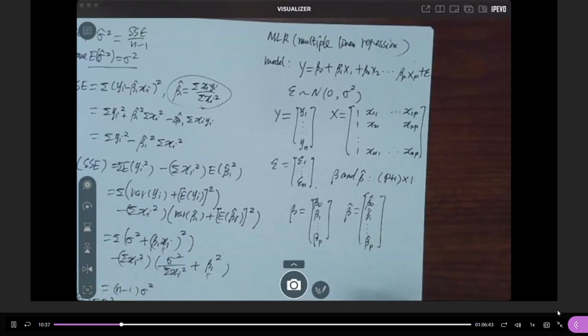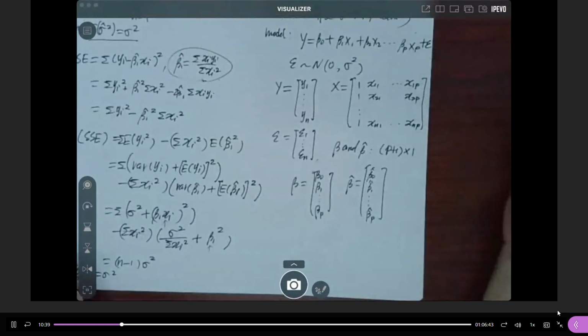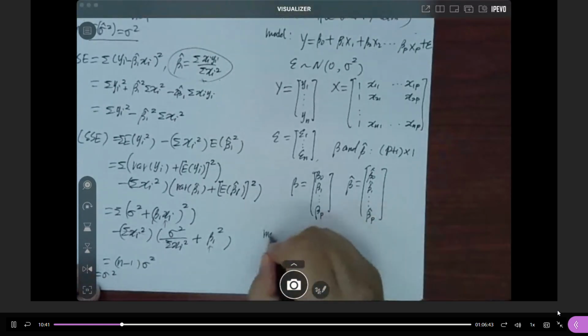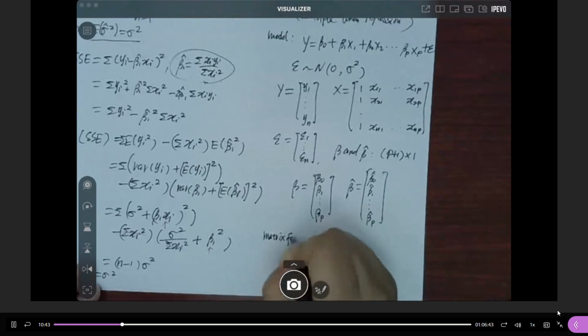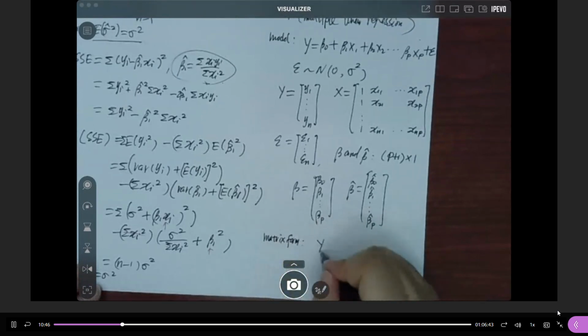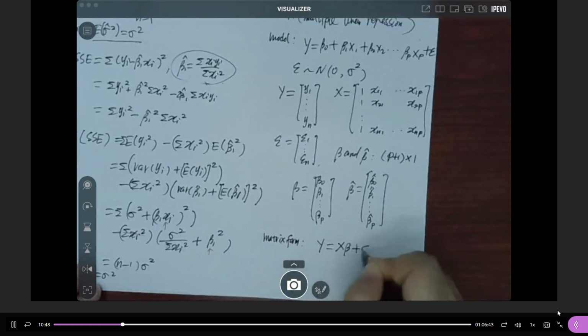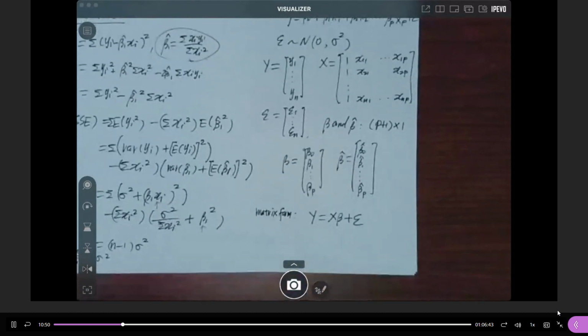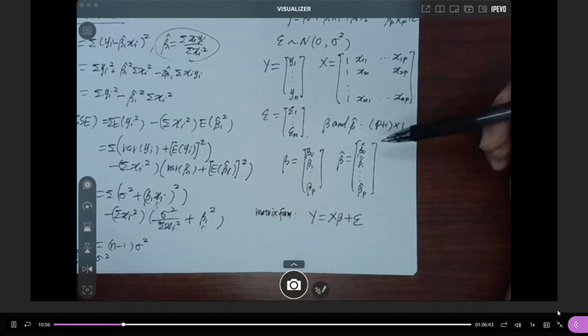So with that, we can represent the data model in matrix form. The matrix form data model is y equal to x beta plus epsilon. The dimensions of epsilon and y are the same. When you multiply x beta, because sometimes people write it as beta times x, you need to be aware of their dimensions to make sure they are compatible in matrix multiplication.